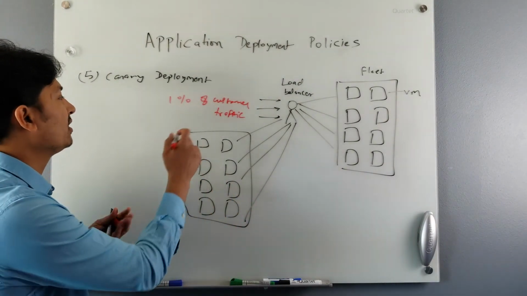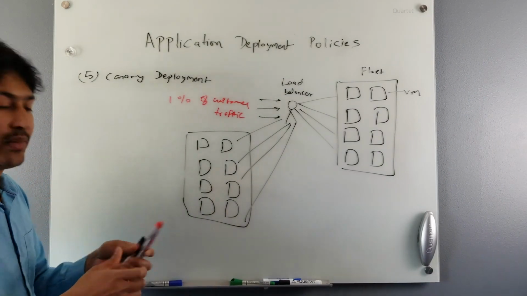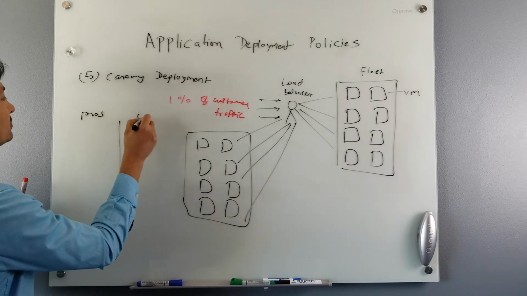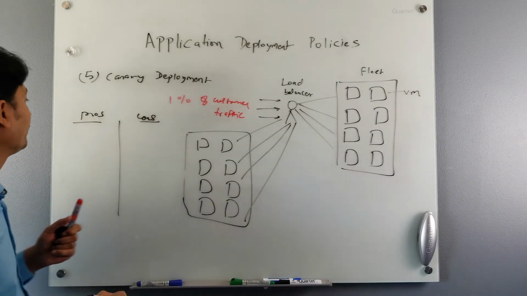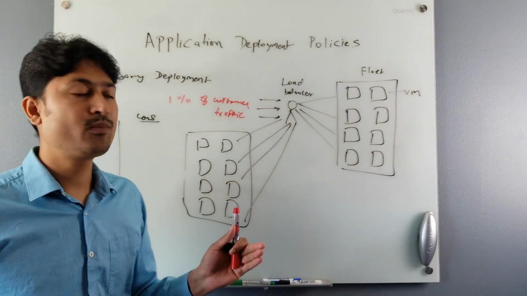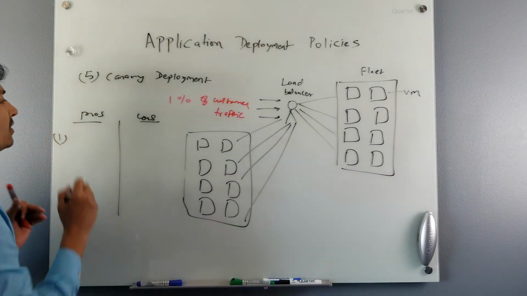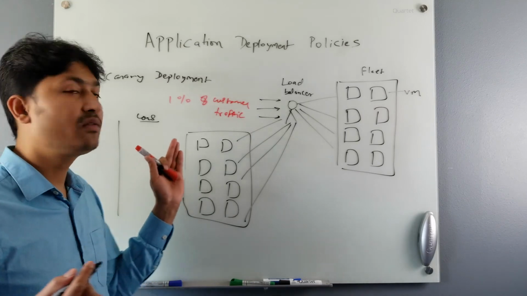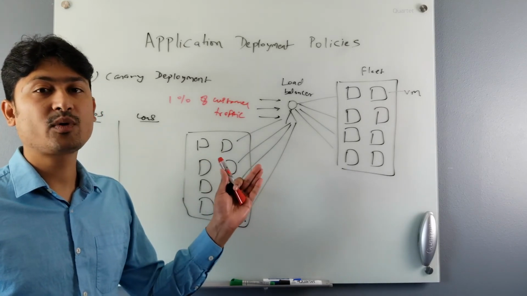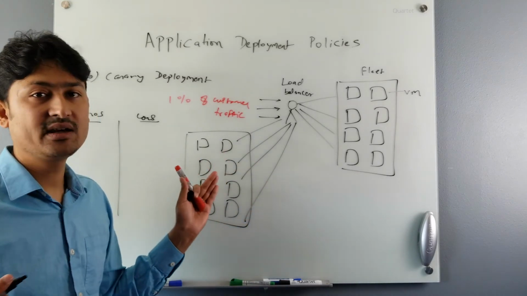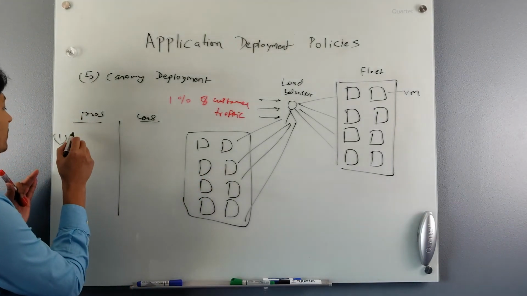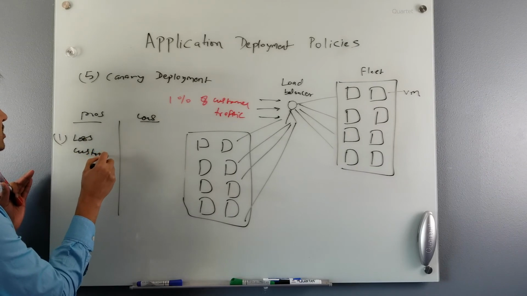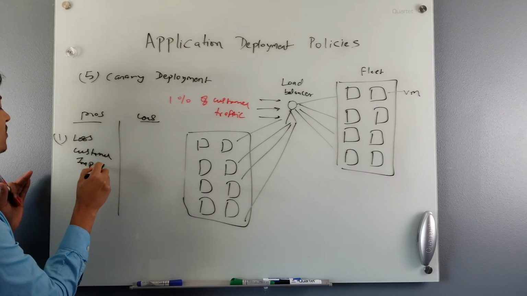So what are the benefits of canary deployment? In addition to the benefits of immutable deployment, there is less customer impact, because you are not forwarding all the production traffic directly to this newer fleet. You have less customer impact in case of issues.